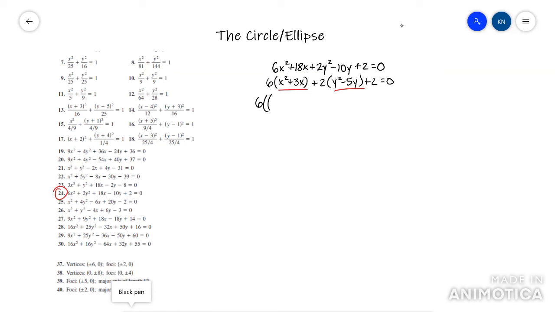This first one would be x plus 3/2 squared. And then the L of that FOIL would make 9/4, so minus 9/4. Okay, this next one, it would be y minus 5/2 squared. The L of that FOIL would make 25 over 4.